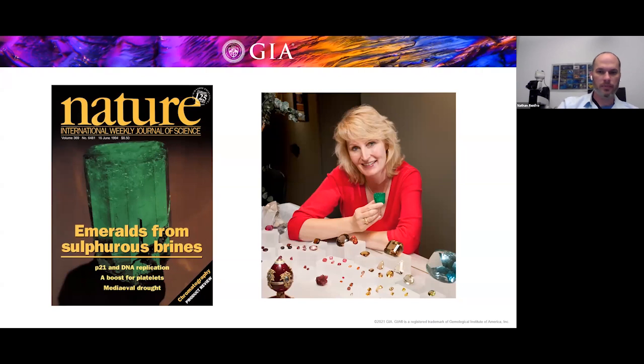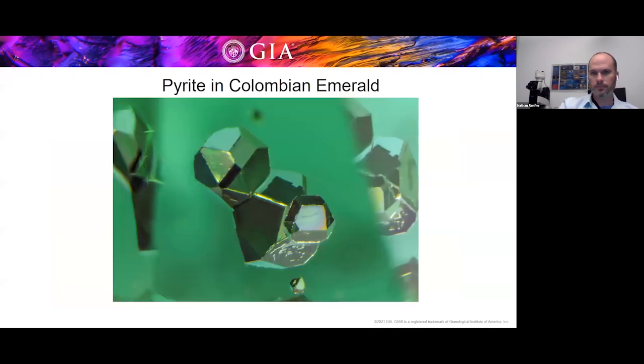One of the key takeaways from that work was that Colombian emeralds have this luminous quality, and that's because they have this reddish fluorescence. They have this reddish fluorescence because they're very low in iron. One of the reasons they're very low in iron is the formation of the pyrite, which basically removed all the iron from the growth solution and captured it, making it unavailable to be present in the growth of the emerald.